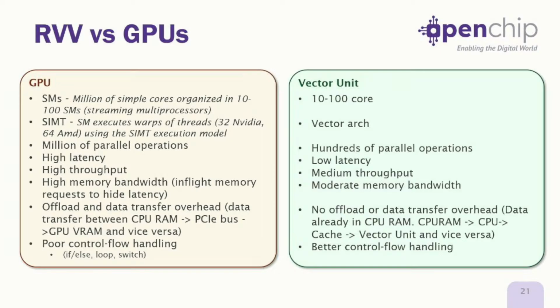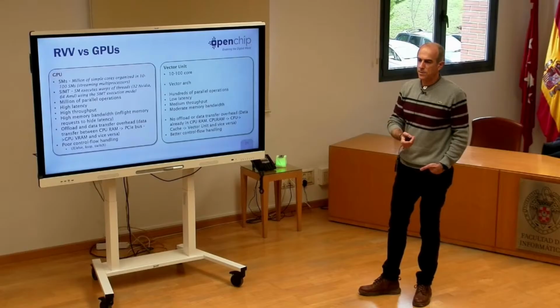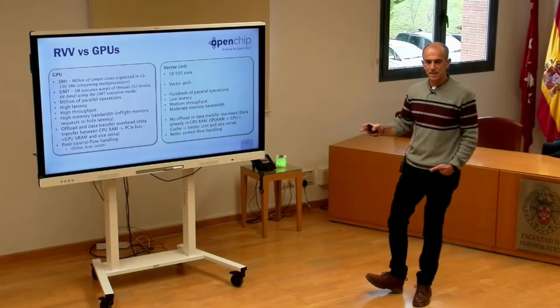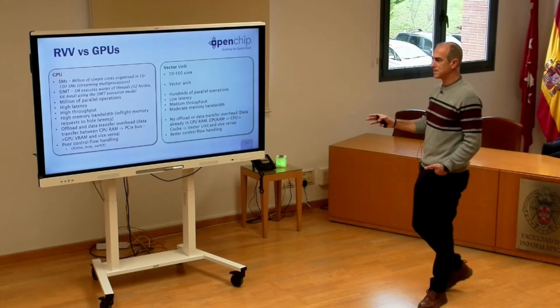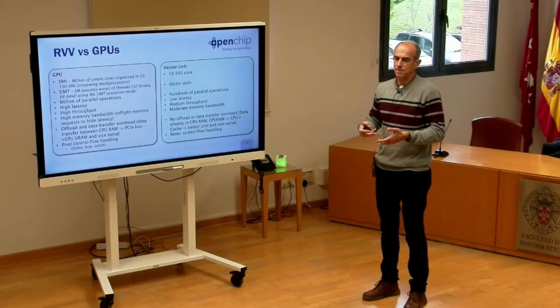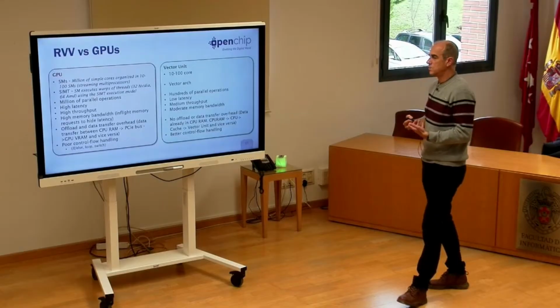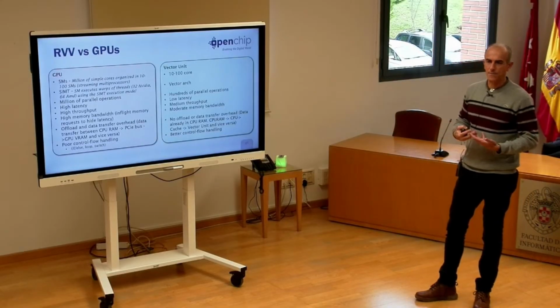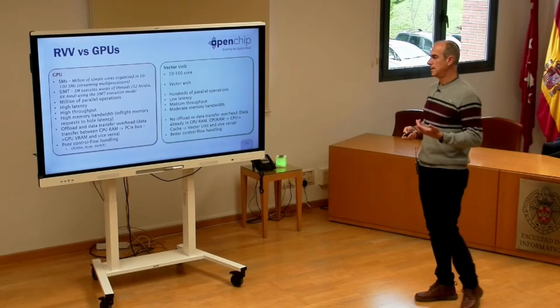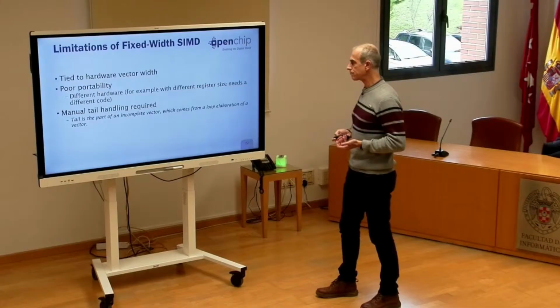Another big difference is that normally you have a huge data transfer from the CPU RAM over the PCI bus to the GPU RAM, because it's external, while the vector units are very close to the CPU. They use data directly from the main cache of the CPU. So the power consumption is also reduced.